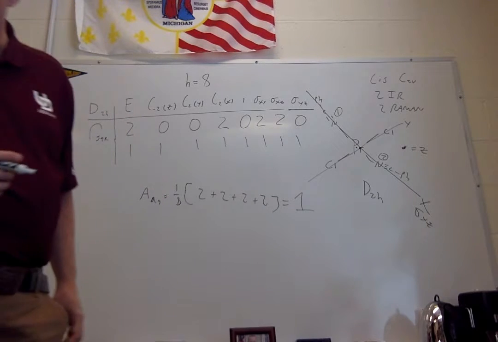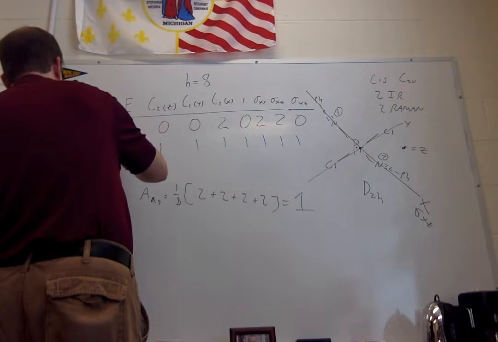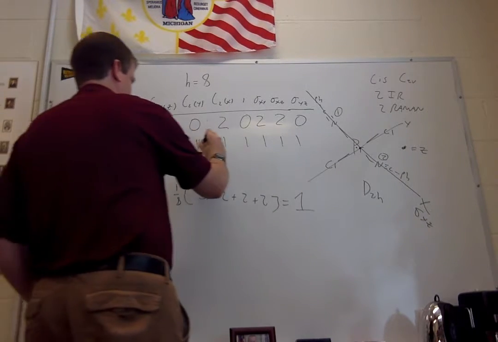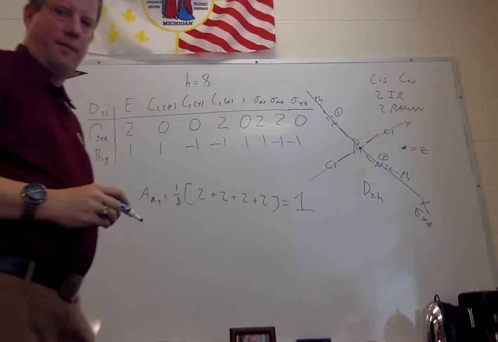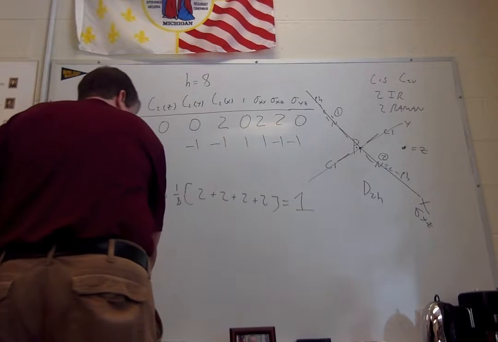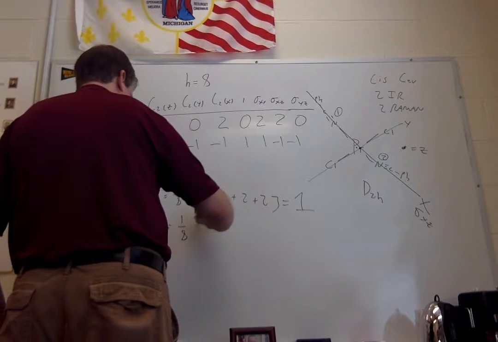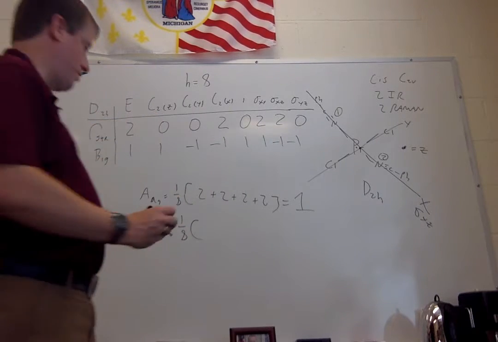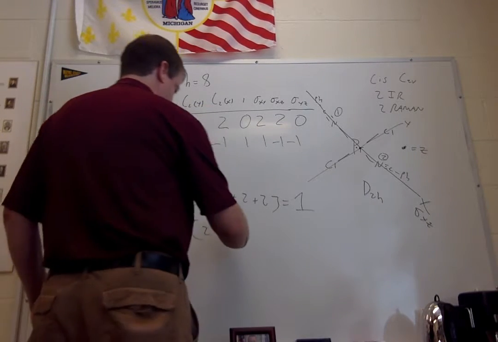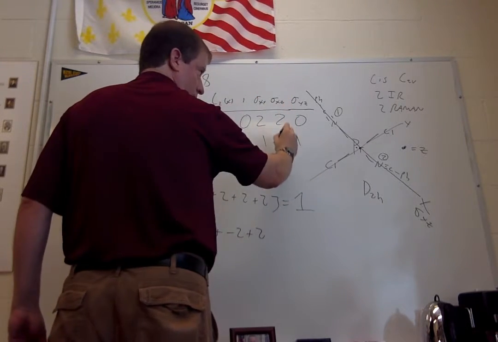The next representation down is B1g. And there we have 1, 1, minus 1, minus 1, 1, 1, minus 1, minus 1. Let's look at the contribution for B1g. 1 times 2 times 1 is 2. 1 times 2 times minus 1 is minus 2. 1 times 2 times 1 is 2. 1 times 2 times minus 1 is minus 2.